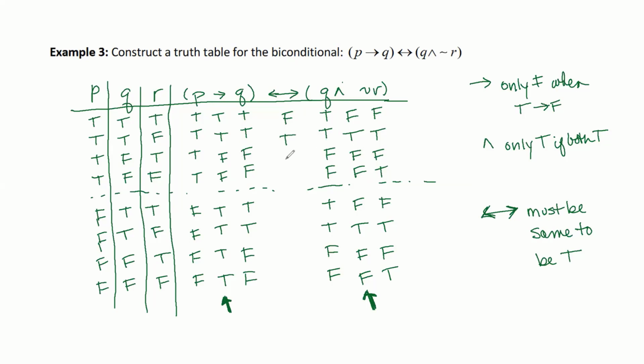False, false will be true because they're the same. False, false will be true because they're the same. True, false is false. True, true is true. True, false will be false. True, false will be false because they're different. And this is our final answer column. So our answer column for the statement will be false, true, true, true, false, true, false, false.